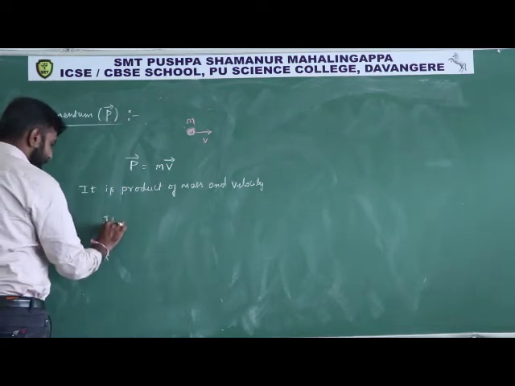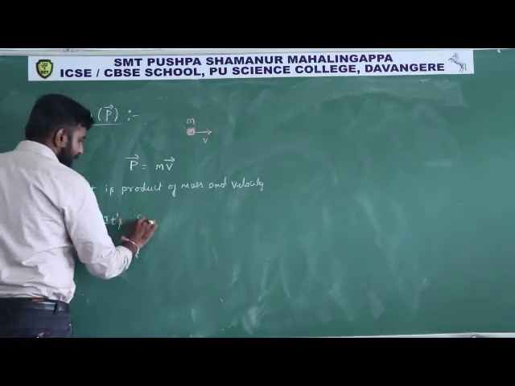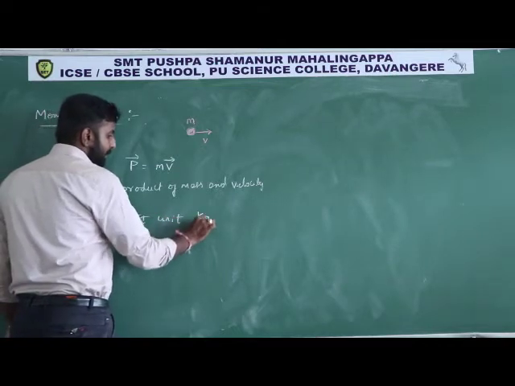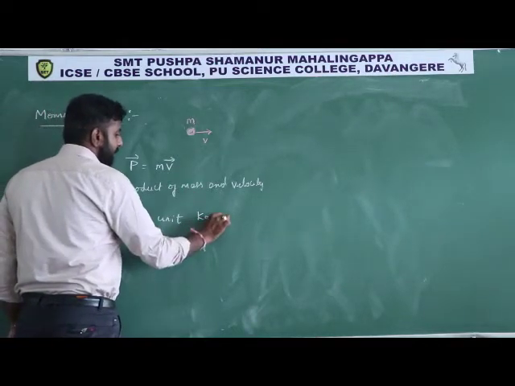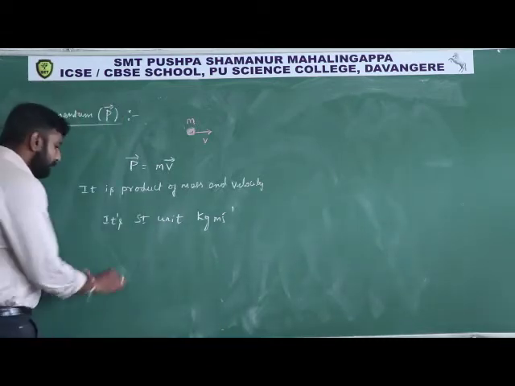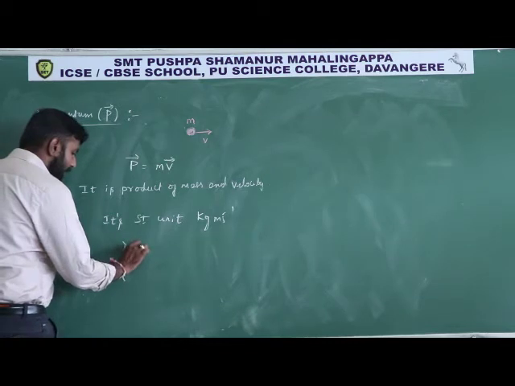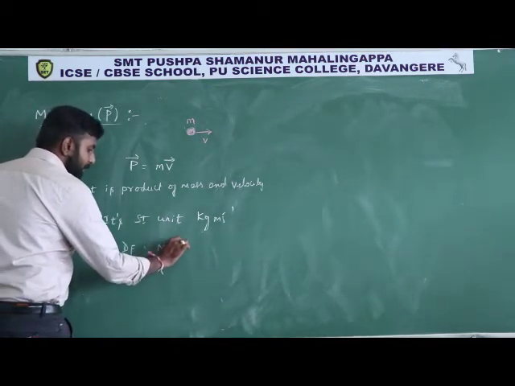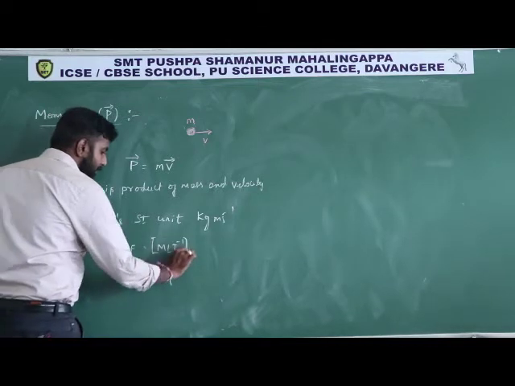Its SI unit is kg meter per second, since mass is in kg and velocity in meter per second. Its dimensional formula is M L T to the power minus 1.